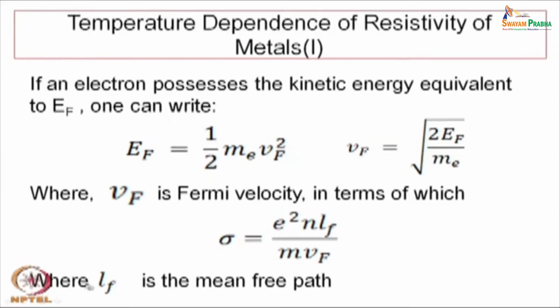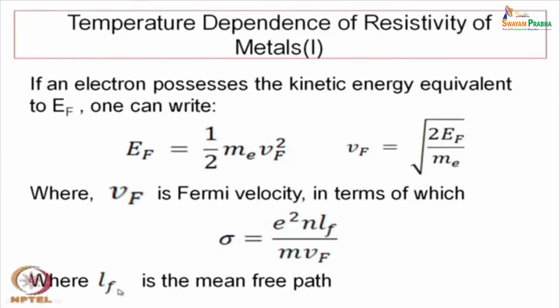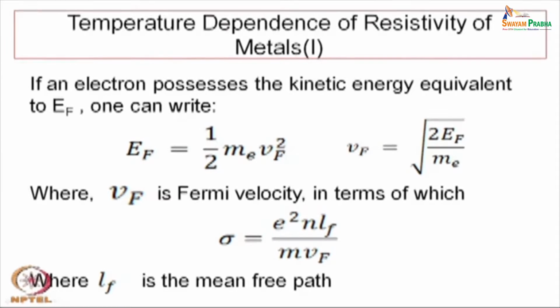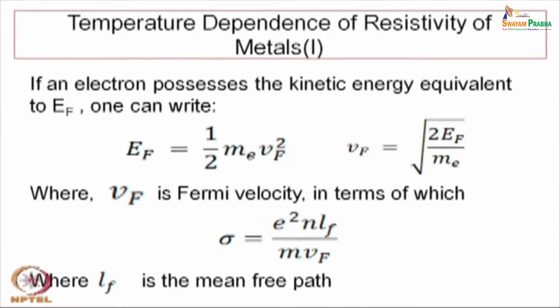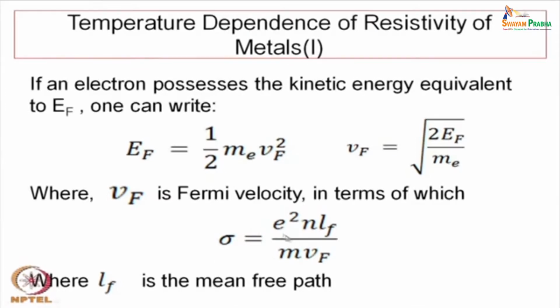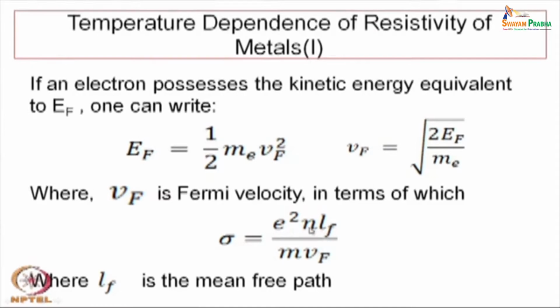This term is some kind of mean free path, because the way we have defined our conductivity, it contains a velocity term and also the distance covered by the charge species. So, sigma is e square n L f by m V f, with this the velocity term and this the distance term, and m the mass.